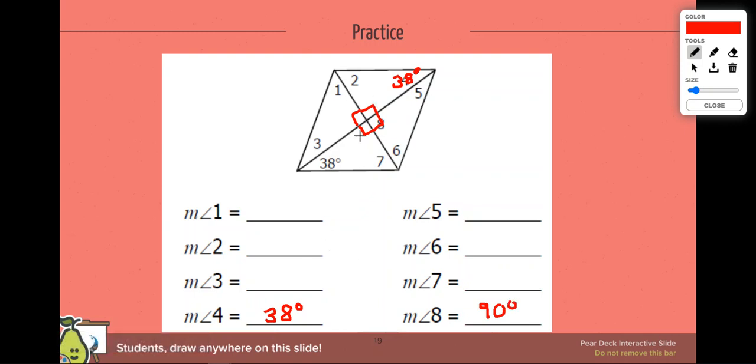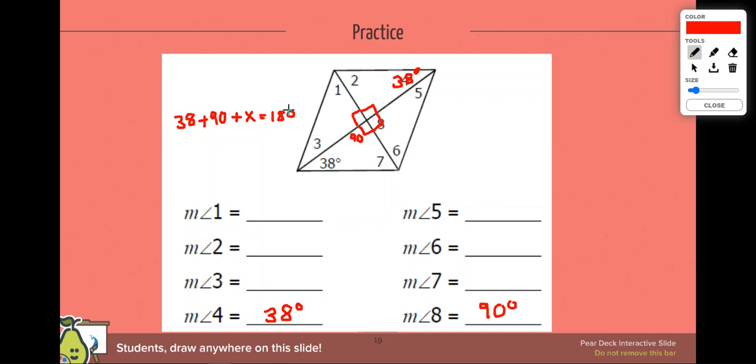So if we know that this is 38 and this is 90, then we can figure out what angle 7 is by adding them up together to equal 180, right? Because I know that this little triangle here has to be equal to 180. So 38 plus 90 plus some other amount of 7 has to equal 180 degrees.